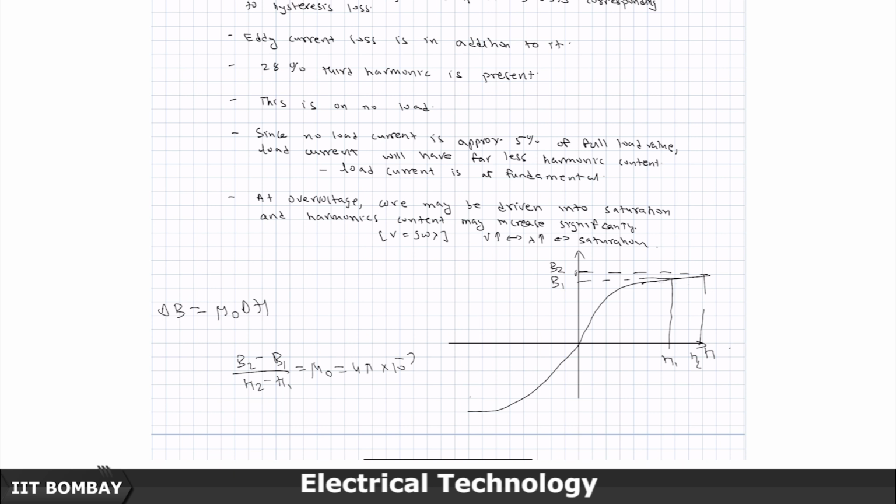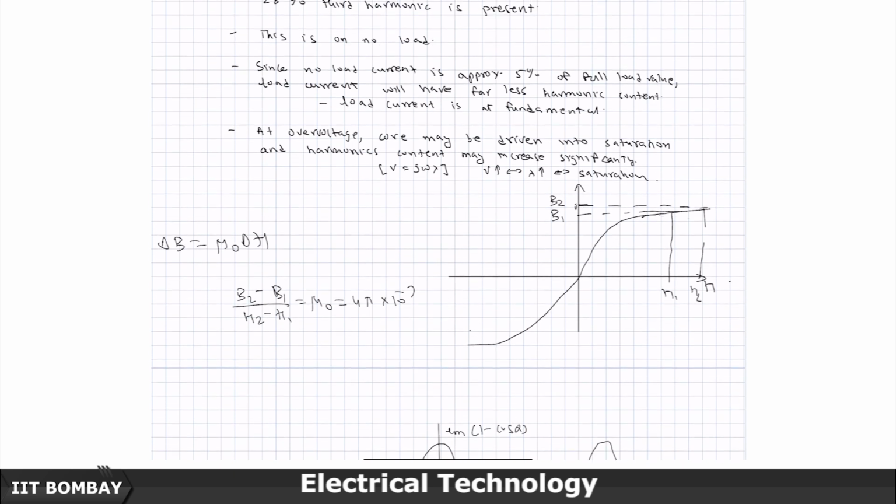Here, however, in this unsaturated part, let us call this B 1 dash, B 2 dash, H 1 dash, H 2 dash. So, here this is saturated.